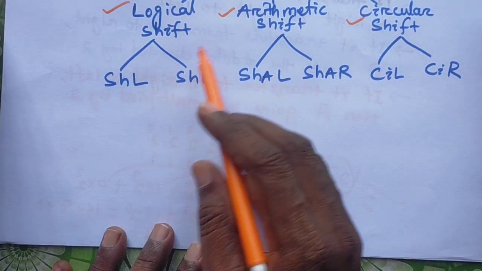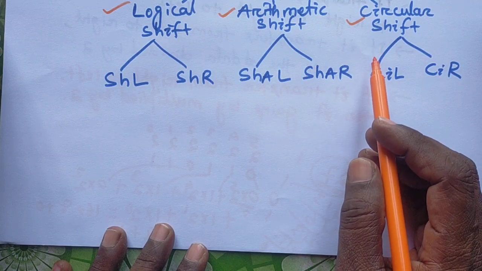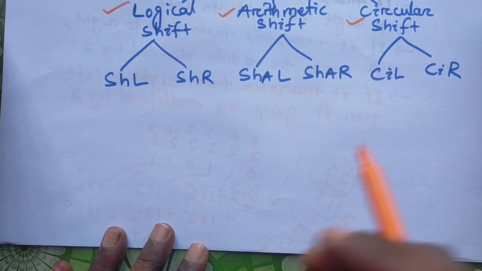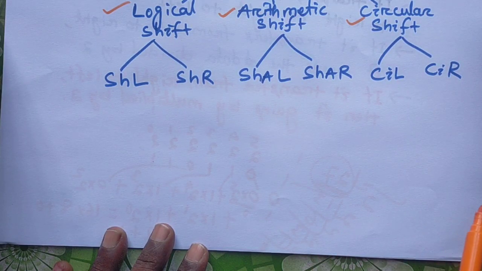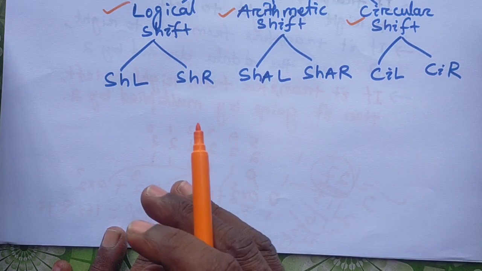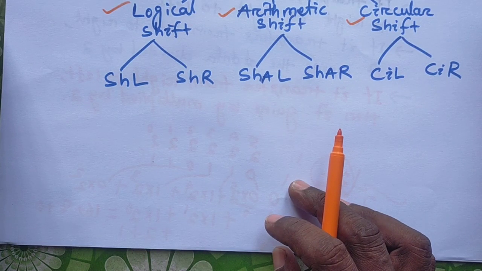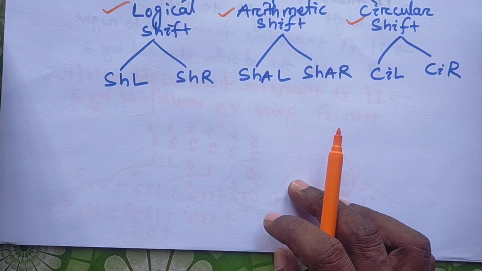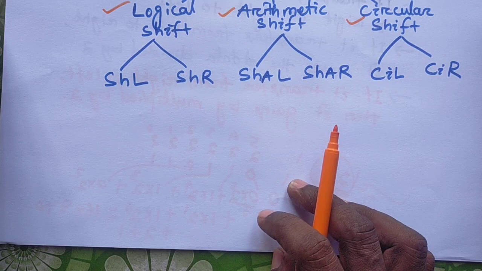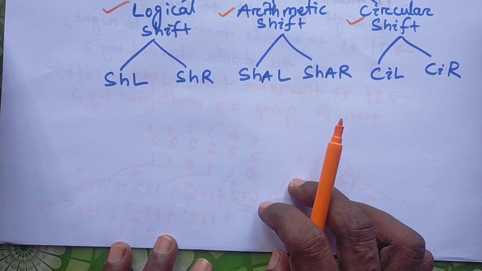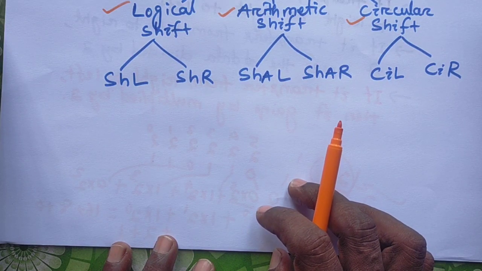Like this, different categories of shift micro operation, but the corresponding transfer of data goes either left to right or right to left. So each individual category has two types of shifting operation we will consider. Okay. Now we will start our example.